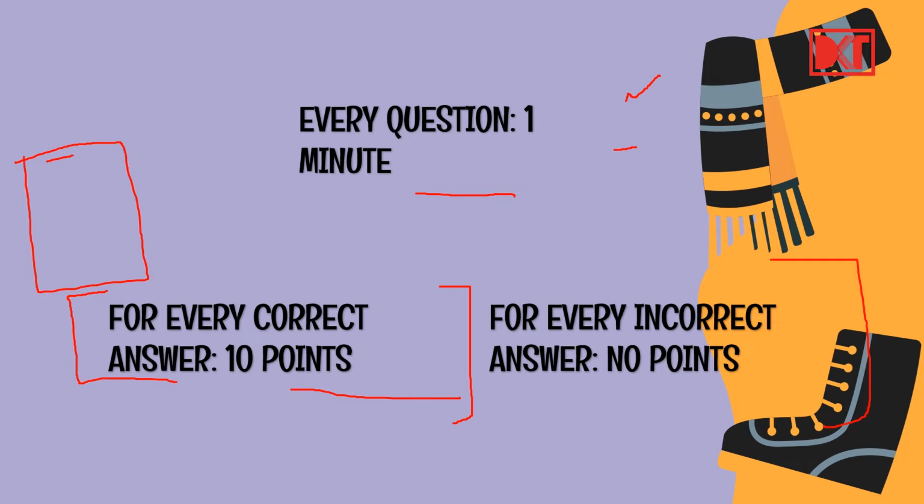So here you write the name of the chapter and then the question, and then if it is correct you can give yourself 10 points. If it is not correct, you mark it here. So it is important to see the questions which you mark incorrect. It is important to go back to them later and then see where you made the mistake. Alright, this is just for your reference. For every correct answer you can give yourself 10 points. Alright, now let's start.